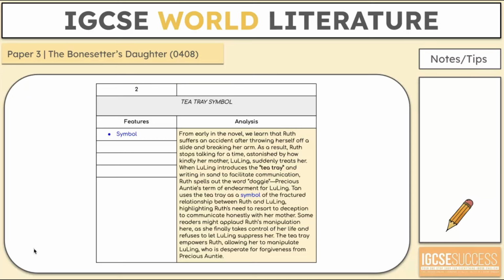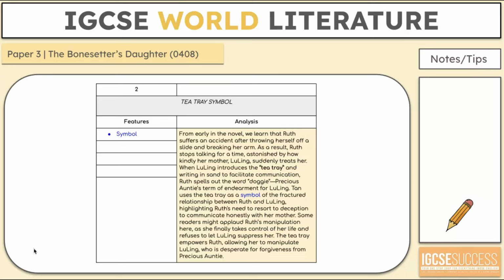When LuLing introduces the tea tray and writing in sand to facilitate communication, Ruth spells out the word "doggy," Precious Auntie's term of endearment for LuLing. Tan uses the tea tray as a symbol of the fractured relationship between Ruth and LuLing, highlighting Ruth's need to resort to deception to communicate honestly with her mother.